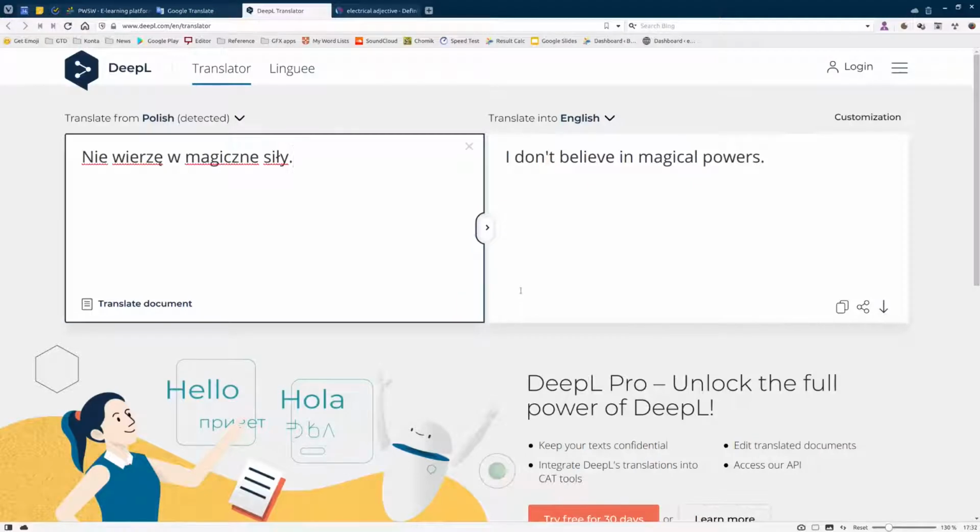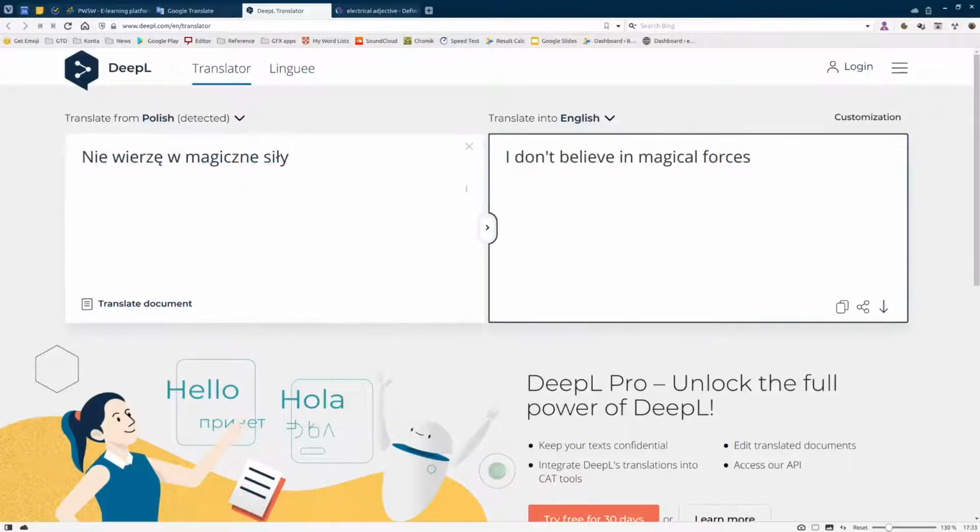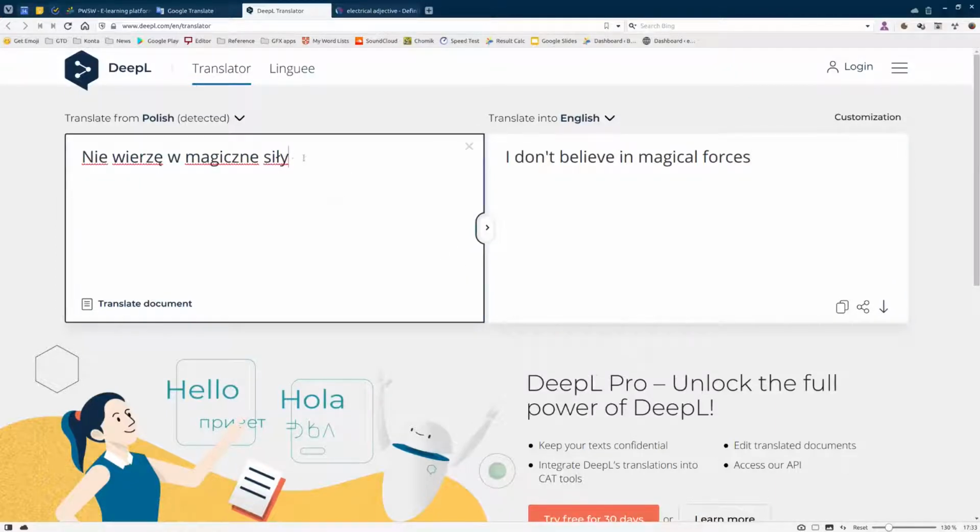You can see sometimes it's amusing how changing even a punctuation mark changes the translation. The same happens in Google. Of course, this is not correct, but maybe it's expecting something here and it doesn't quite know what to do with this. But when you indicate that this is over, this is the end of the sentence, then it knows that this is the phrase to look for, I assume.